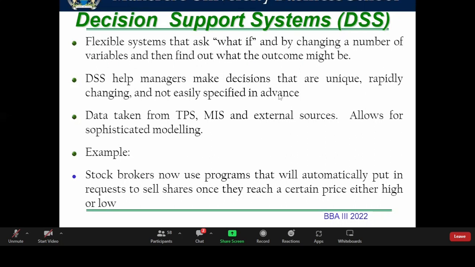We have an example in the notes that looks at stockbrokers using programs that will automatically put in requests to sell shares once they reach a certain price, either high or low. So it keeps on monitoring so that the best decisions are made at that particular time.